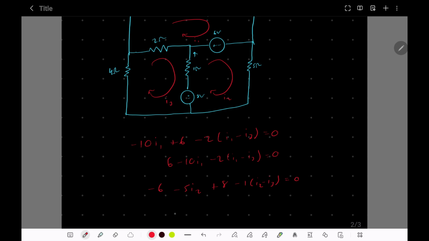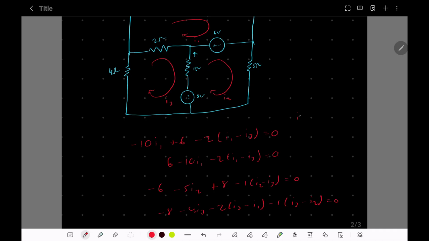And finally for the third one, we can say there's minus 8 volt drop minus 4 I3 minus 2 times (I3 minus I1) minus 1 times (I3 minus I2).